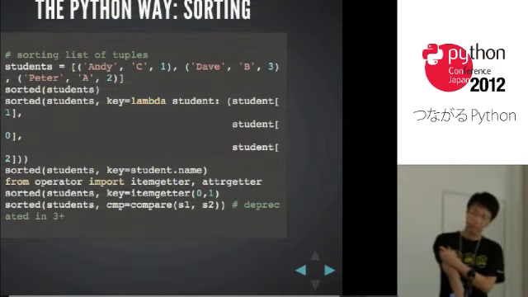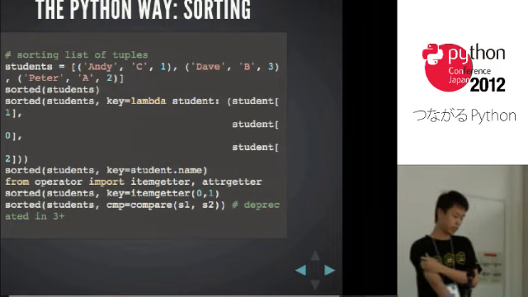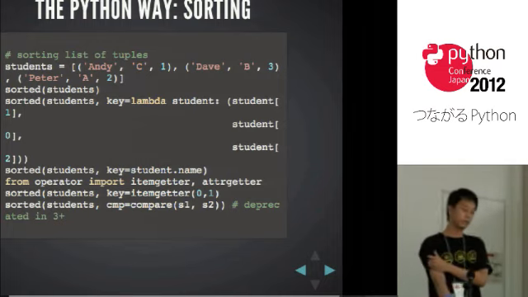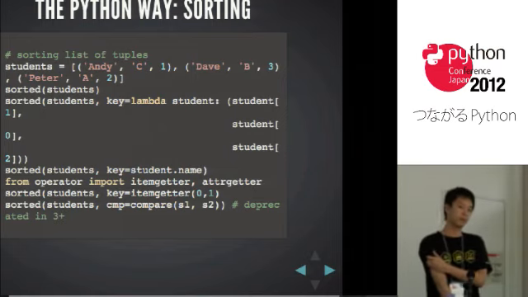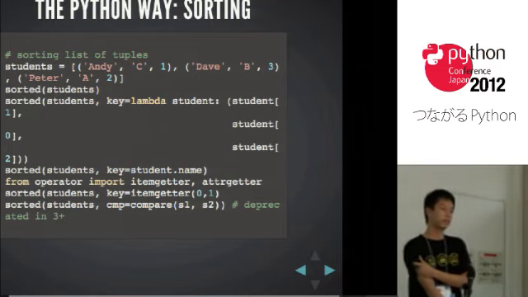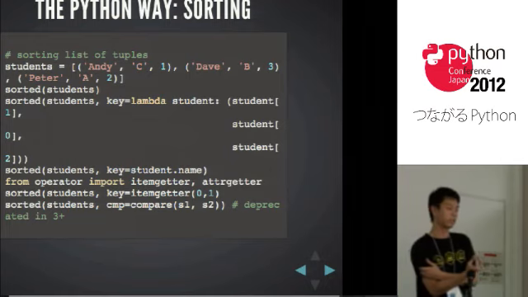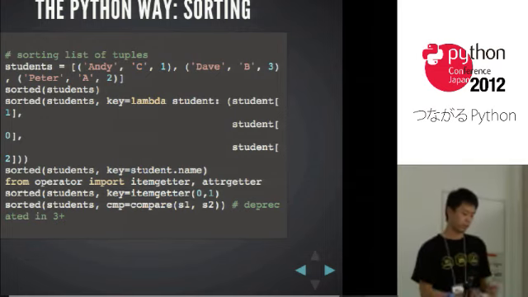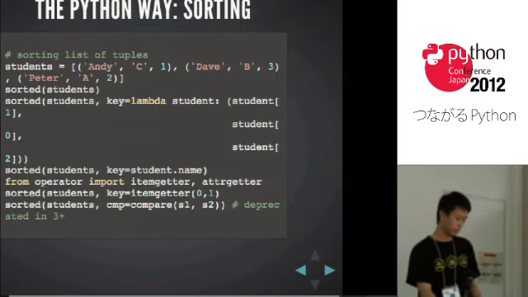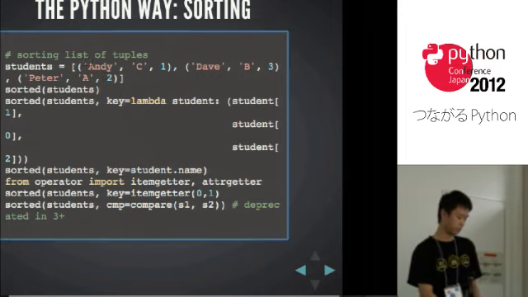Another cool trick in Python is sorting. So in Java or C++, if you want to sort two arbitrary objects, you have to define a comparator class for this object, and you define a compare function, and then you can sort it. But in Python, you can put them into tuples, and you just sort the tuples.